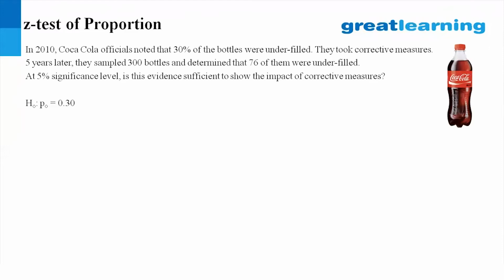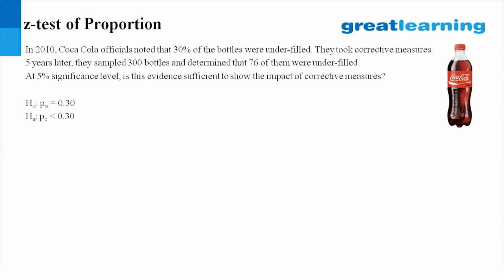So the claim, what was noted by the Coca-Cola officials, that is the null hypothesis here, which is the 30%. So it becomes a proportion of 0.3, and your alternative hypothesis is P naught is less than 0.3, because you want the underfilled proportion, which was 30% in the first place, to reduce to something lesser than 0.3.